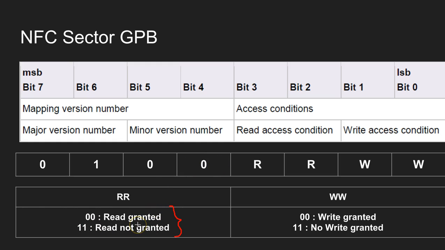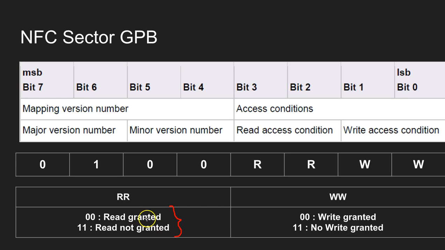So you might come across scenarios where, assume that the entire sector is corrupted, or you are not using it. Probably you can just tell the application software that there's no point in reading this sector. The write access conditions are stored as either 00, which says write granted, or 11, which means no write granted. The other 2 values, 01 and 10, are not used, and if they are used, they are considered a proprietary type of setting.